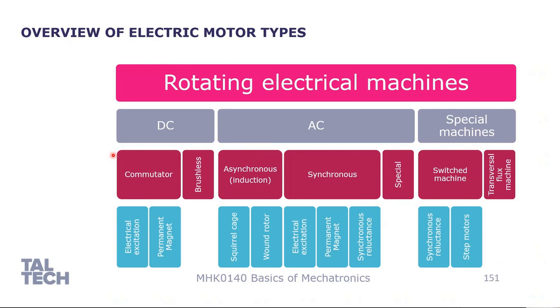Talking about electrical machines, we have several types. We just finished the block of actuators in mechatronics, where we were discussing electromechanical actuators. Now you know more about the different types of electrical machines.